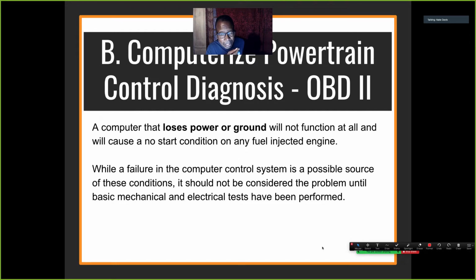That may not be a bad PCM. That might be an input problem, like a shorted sensor or a shorted solenoid. Now here, this is how you tell a shorted sensor. If it's a shorted sensor, none of the sensors will have 5 volts to it. That would be a clue.